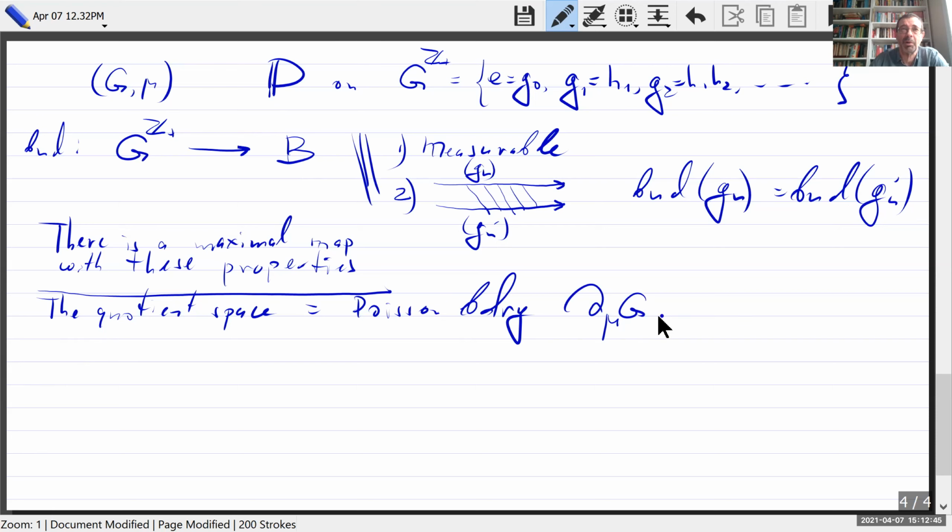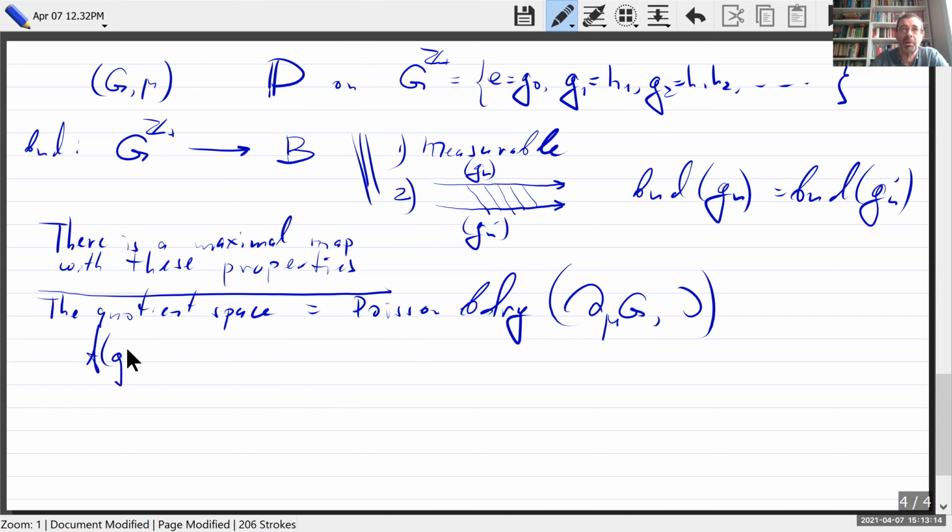And it is endowed with the harmonic measure, which is the image of the measure on the path space under the quotient map. So in other words, that's a natural measure on the space of ergodic components. And now, how does the corresponding Poisson formula look like? It looks precisely as it was in the case of the free group.